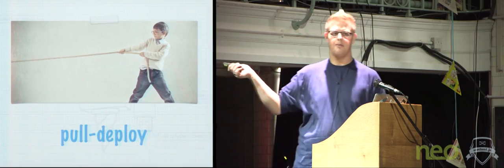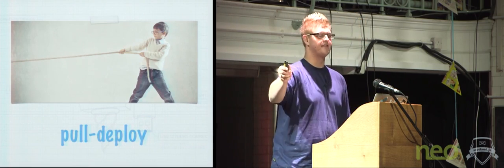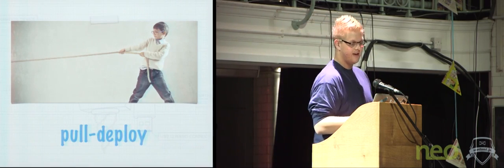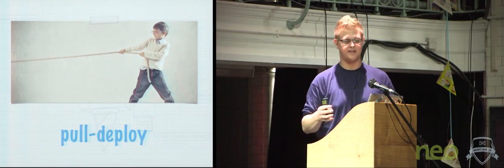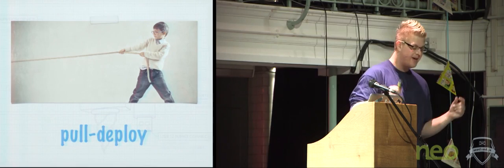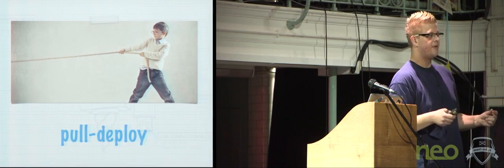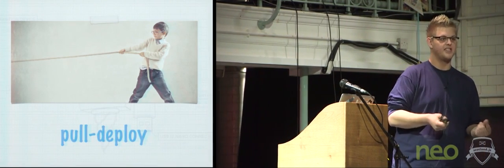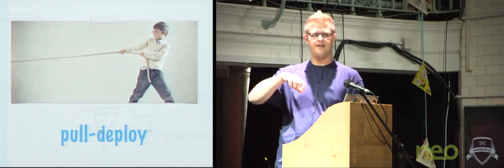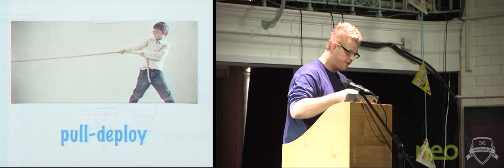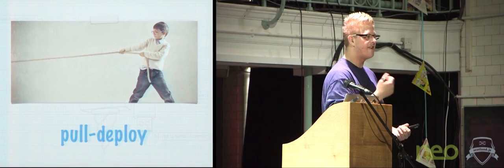So what's pull deploy about? Pull deploy fixes most of the problems. What it doesn't fix is the single source, the single point of failure. But imagine all of your servers, when you want to do continuous deployment, are just pulling the code. Imagine there's a cron job which goes every 30 seconds, triggering one instance and asking for new code.